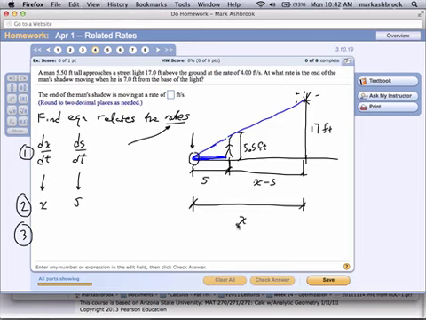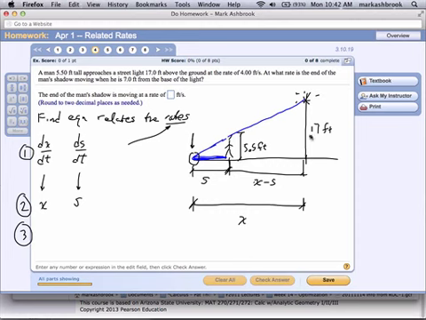All right, so how can we relate these quantities, x and s? How are x and s related? Yeah, you have two similar triangles. Some people are saying similar triangles, right? This triangle right here is the exact same shape as the big triangle.